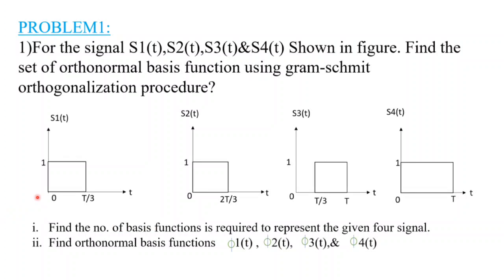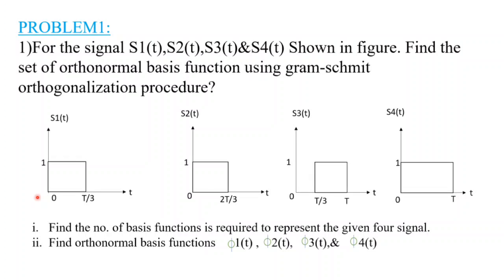Before solving the problem, we should know the conditions for orthonormal functions and orthogonal functions. The condition for orthonormal functions is the integral from 0 to T of phi i of t into phi j of t dt equals 1 if i equals j, and 0 if i not equals j. That is, the integral from 0 to T of phi i square of t dt is equal to 1.